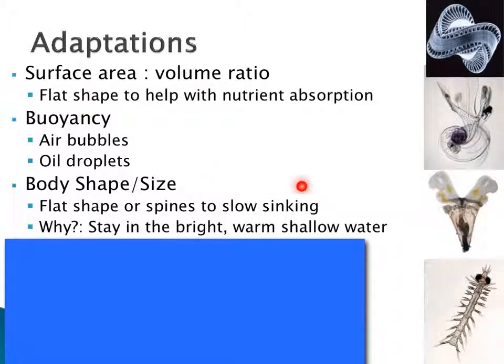Why do you want to be up at the top? Because that's where the bright light is. Also, the water's a little bit warmer, so they can do photosynthesis a lot better. Of course, the downside is that's where they can get chowed down upon. So there we go. That's the end of our brief unit on taxonomy and plankton.